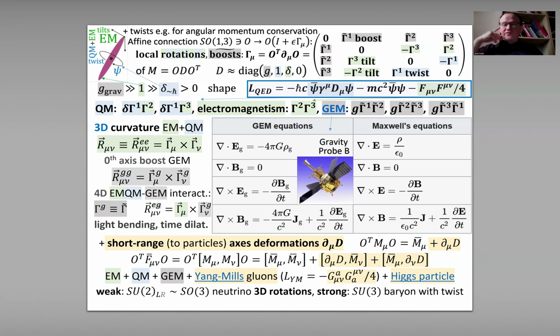And so this is required to make gravity Lorentz invariant. It is also the first correction from general relativity. And this correction was directly tested by Gravity Probe B. So we can say that in fact Gravity Probe B tested gravito-electromagnetism. So this is the first correction we need to include. Besides, there are also interactions between electromagnetism and gravity in these kinds of approaches.